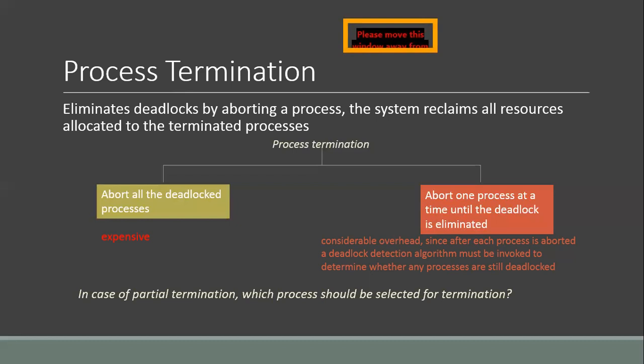Which process should be aborted first? The answer to this question is a process that will incur minimum cost. The cost can be defined using various parameters. Cost might involve the priority of the process, or how long the process has computed, etc.